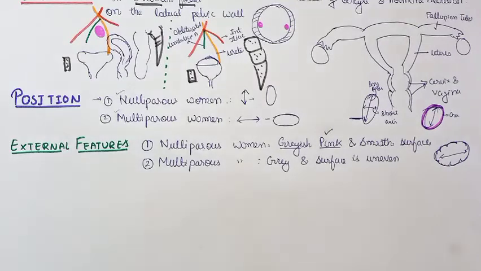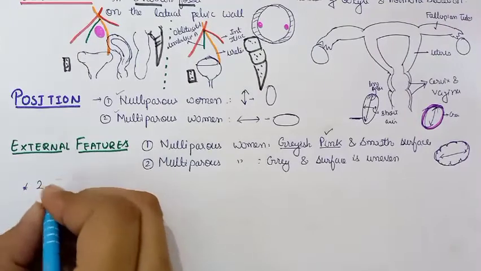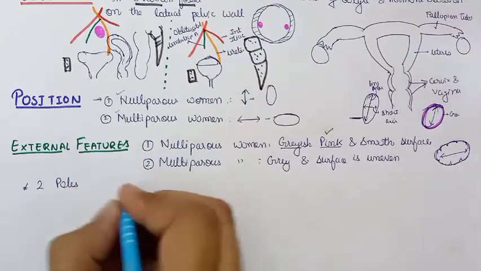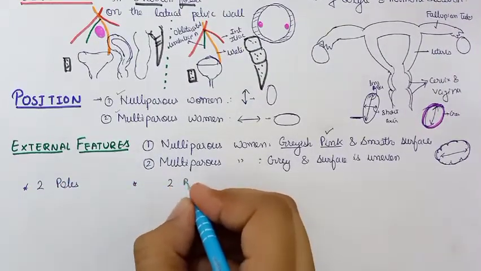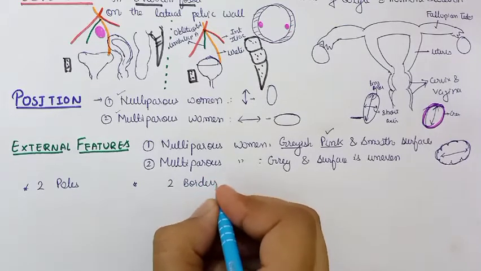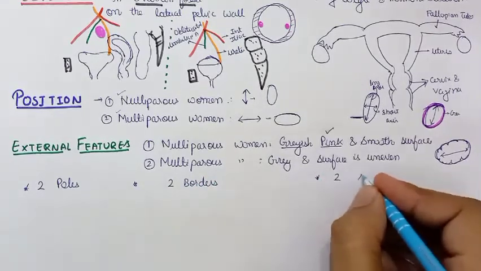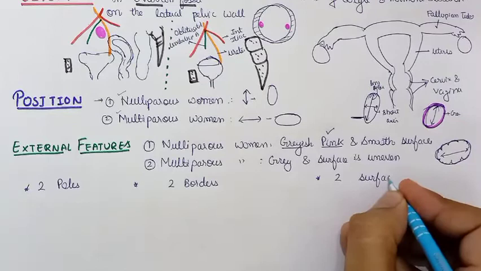Apart from the color and the outer gross anatomy, there are some features of each ovary, which include 2 poles, 2 borders and 2 surfaces. So what are the 2 poles?